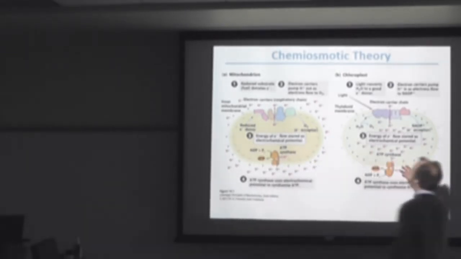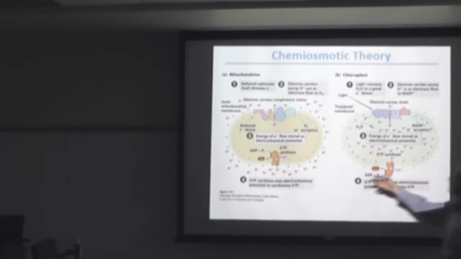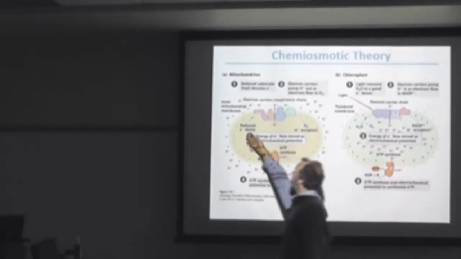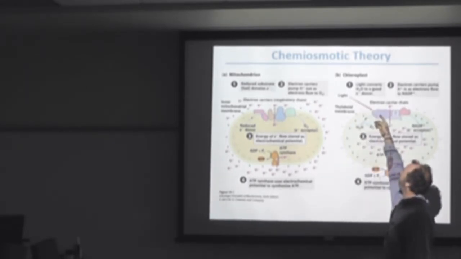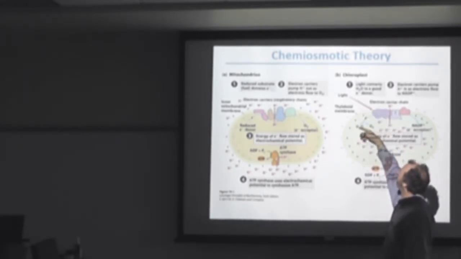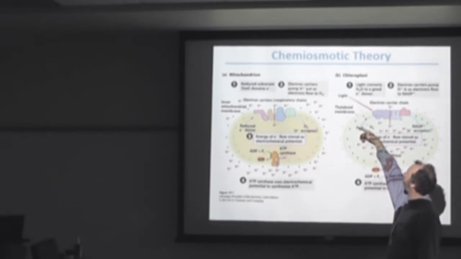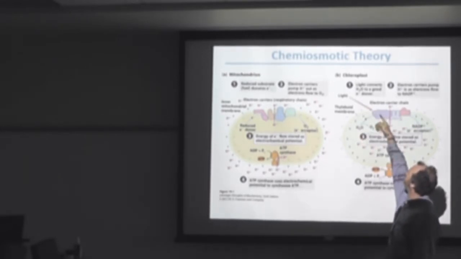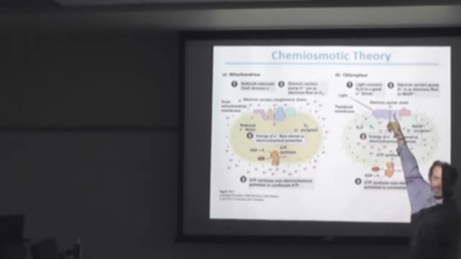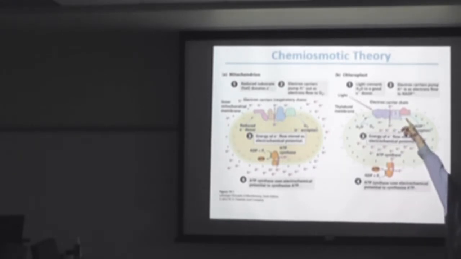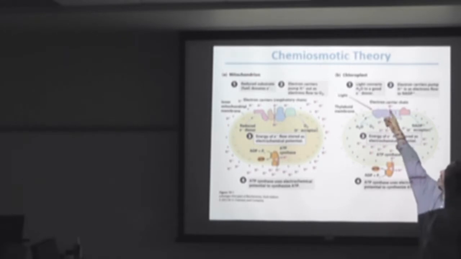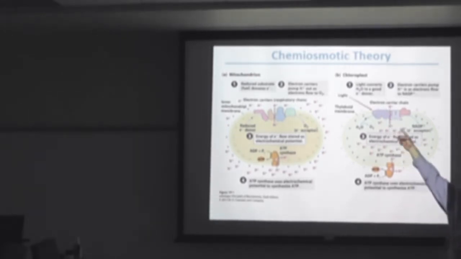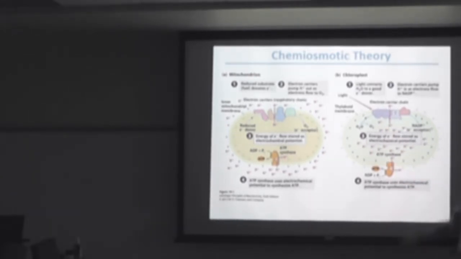The same kind of thing happens in the chloroplast, but instead of having the reduced electron donor, we use light to excite those electrons, and it splits water. Those electrons come from water, and then they flow down their reduction potentials the same way in the electron transport chain, and you produce a proton gradient on the inside of the chloroplast across the thylakoid membrane.